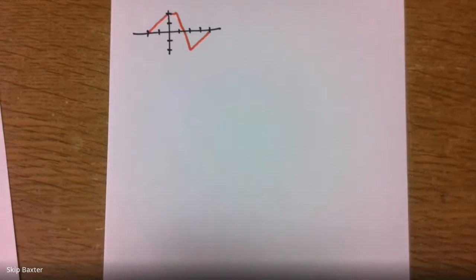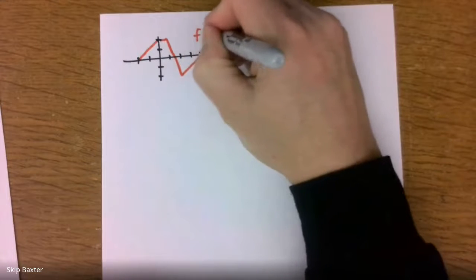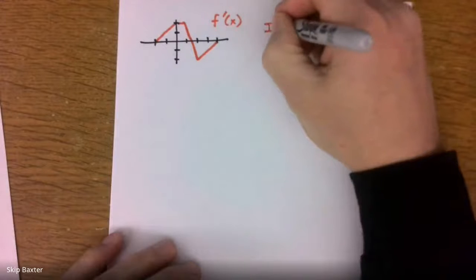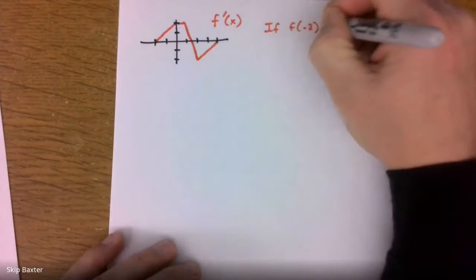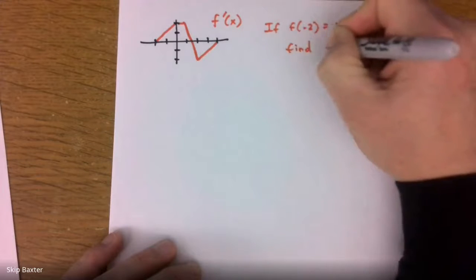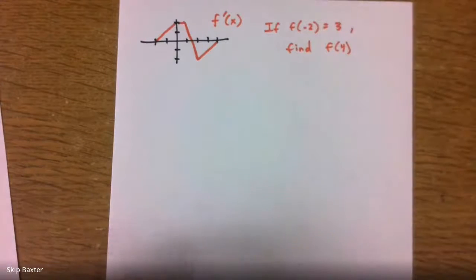Suppose this is actually f prime of x. They might say something like, if f of -2 equals 3, find f of 4. Well, it's really the exact same type of problem.